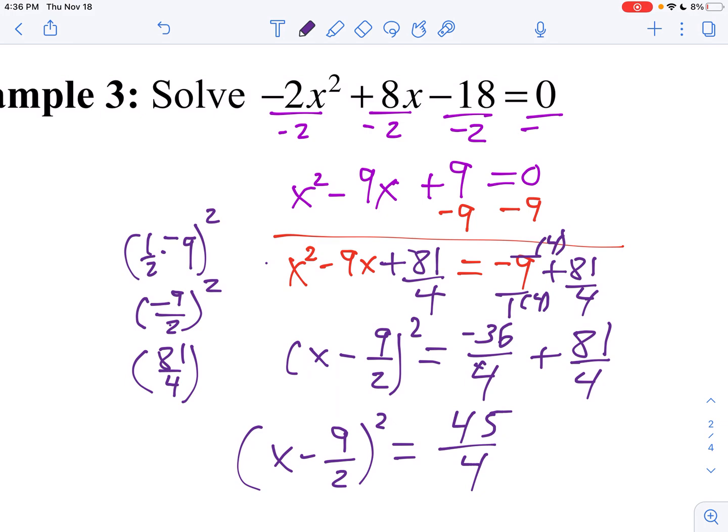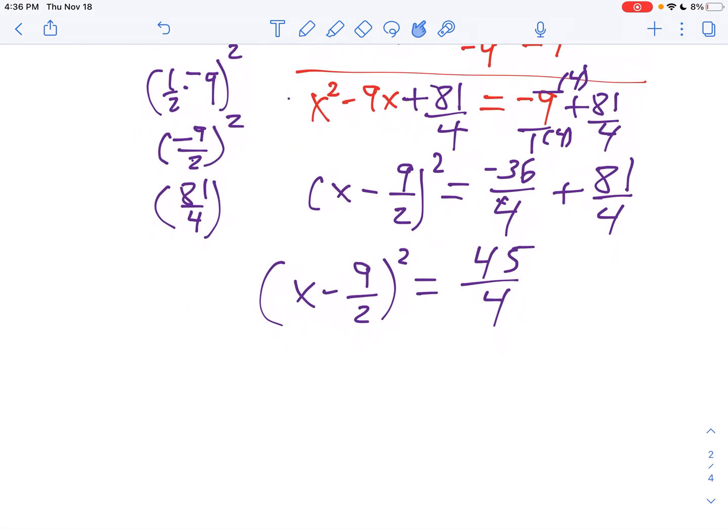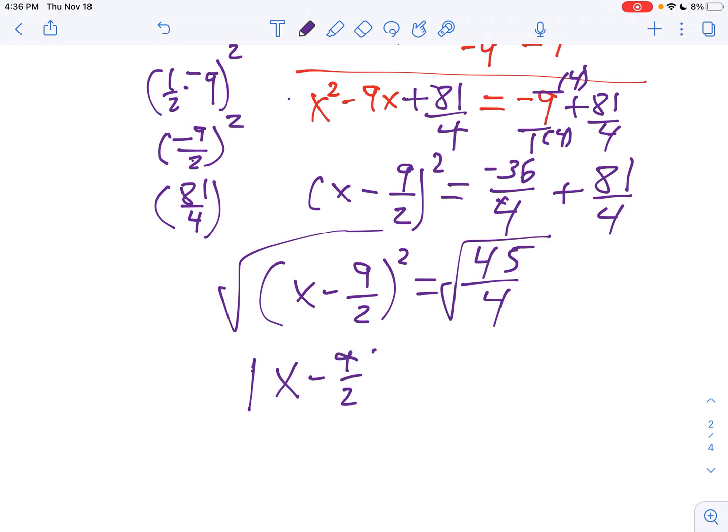Now, I want to get x by itself. So I take the square root of both sides. And so I'll get the absolute value of x minus 9 over 2 equals the square root of 45 over 2. Well, I want to simplify the square root of 45.